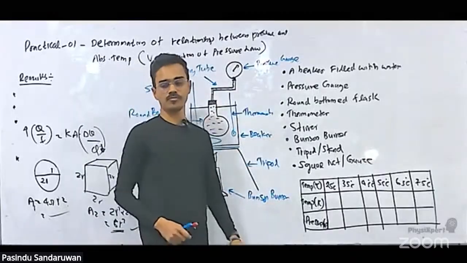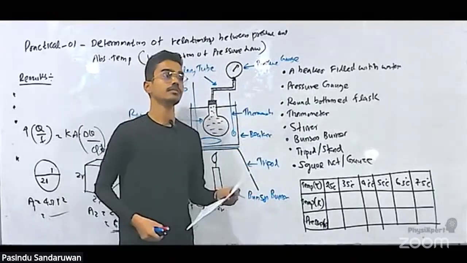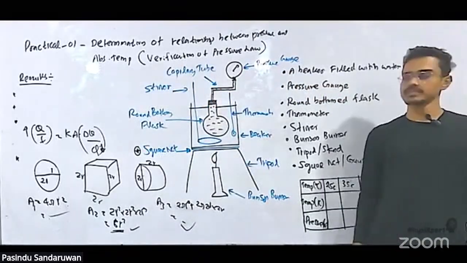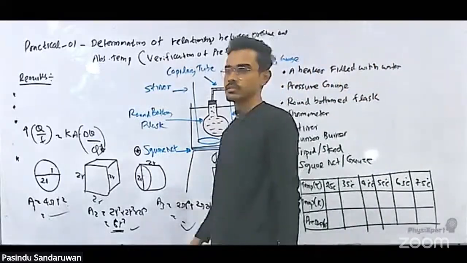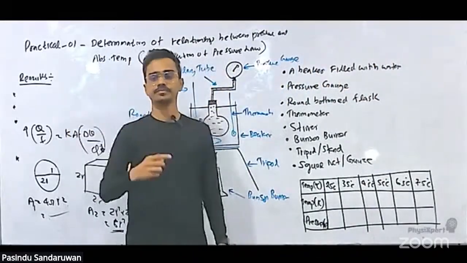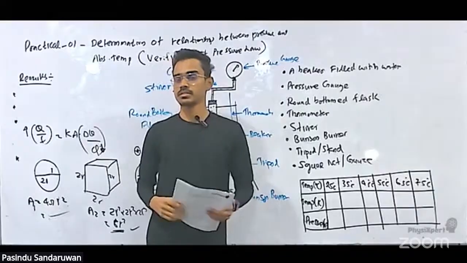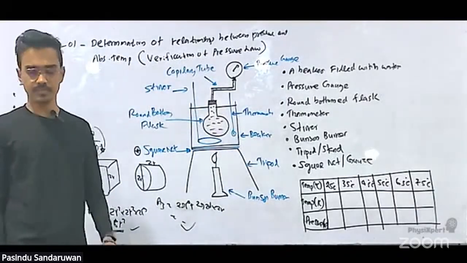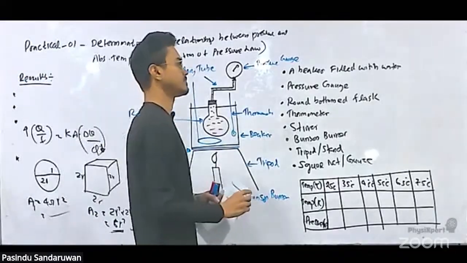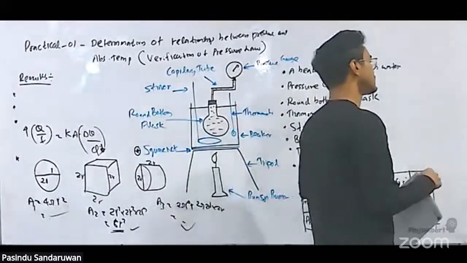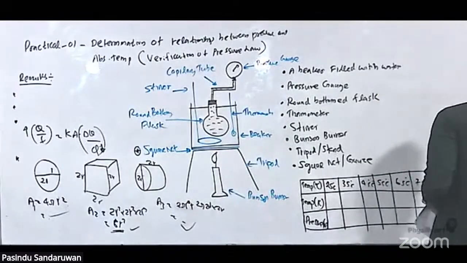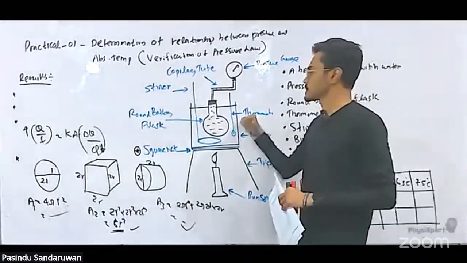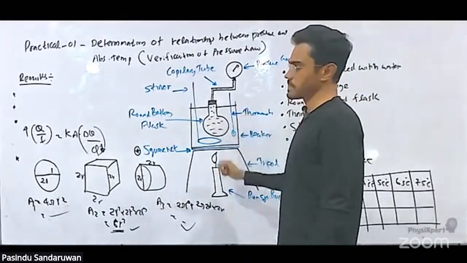Next point: the flask should be made with a glass of minimum thermal expansivity.